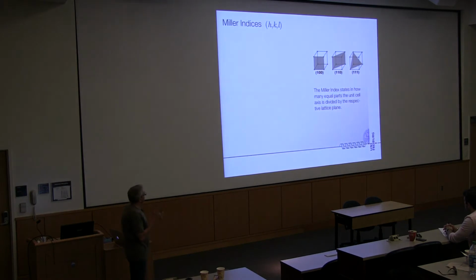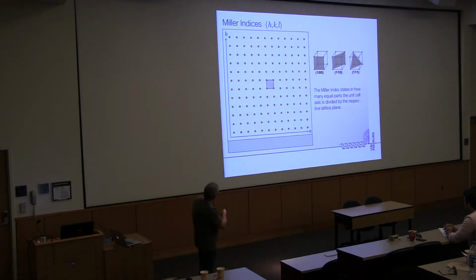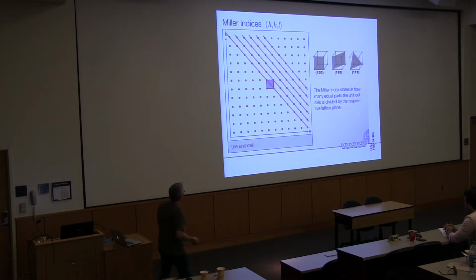The way you construct these planes is you take your lattice, let it be your vineyard, whatever, and you have a unit cell here. And then you just say, well, in which ways can I put lines through this? Many different ways, like this. And then the question is, of course, well, this is a set of lattice planes. How would I call this?